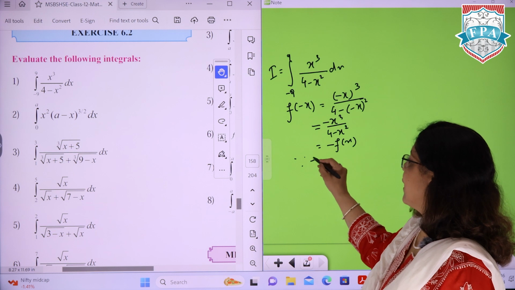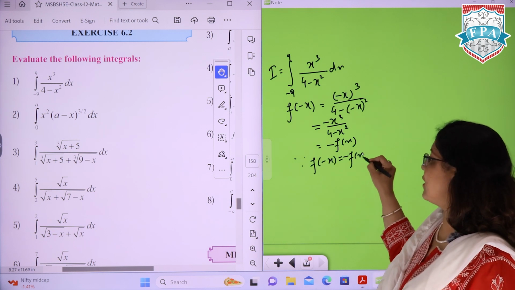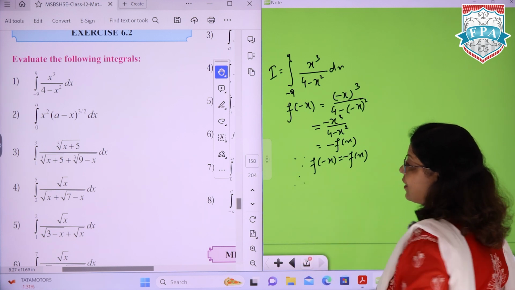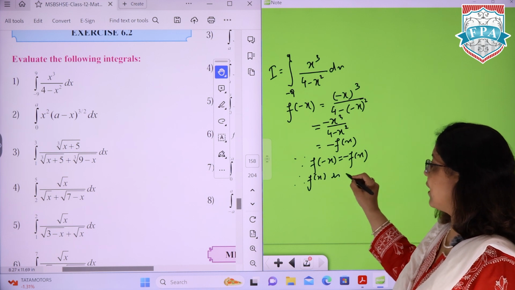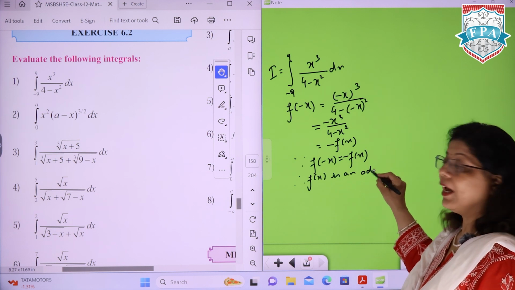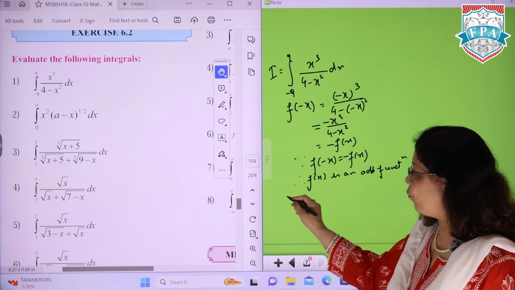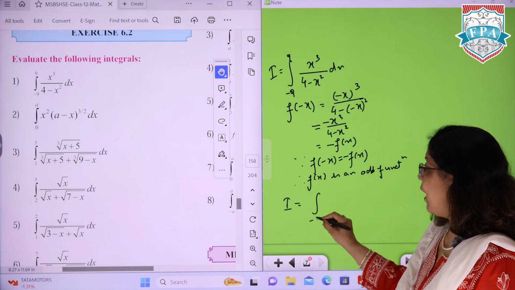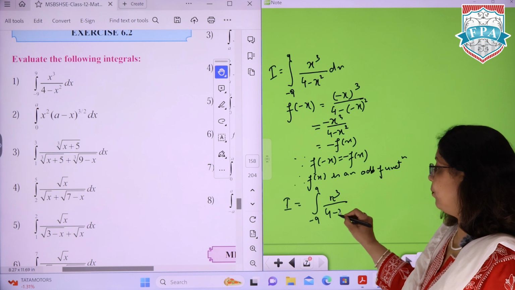So, since f of minus x is equal to minus of f of x, therefore, f of x is an odd function. We'll just write like that. f of x is an odd function, and we have seen over there that if the function is an odd function, the integration will be actually equal to 0.